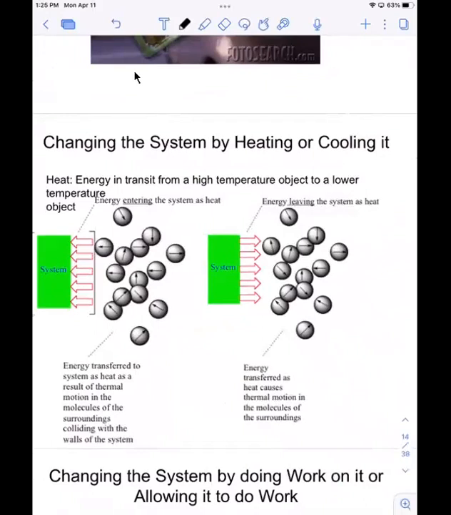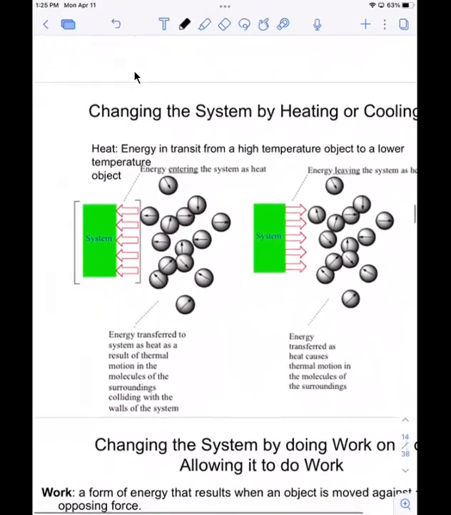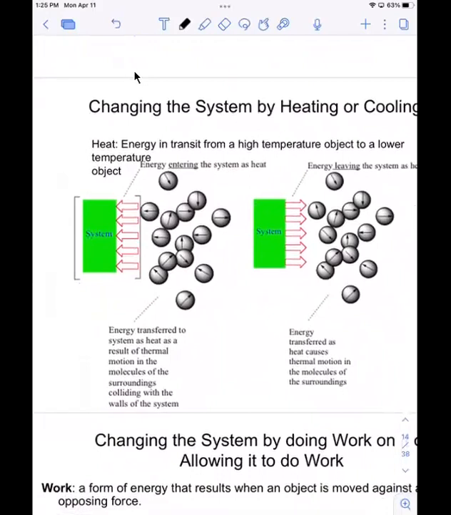On the flip side, you can see as the heat is being transferred, the temperature is going to go up, and the energy of the system is also going to go up, because whatever matter is composed of, that matter is going to get more agitated as the temperature begins to increase. All right, that's the second way.